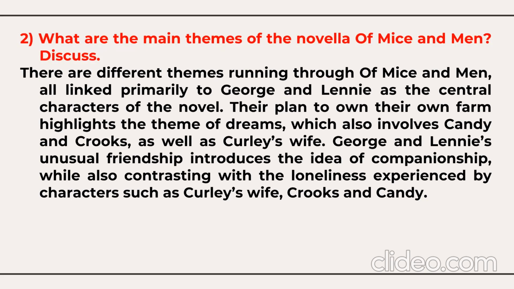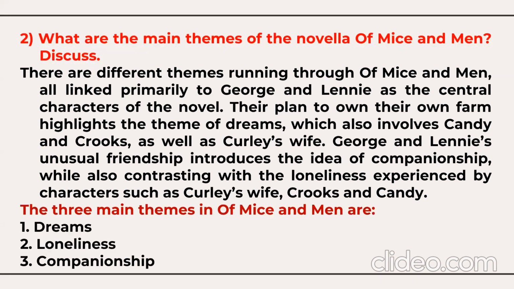George and Lenny's unusual friendship introduces the idea of companionship, while also contrasting with the loneliness experienced by characters such as Curly's wife, Crooks, and Candy. So there are three important themes in the novel: dreams, loneliness, and companionship.